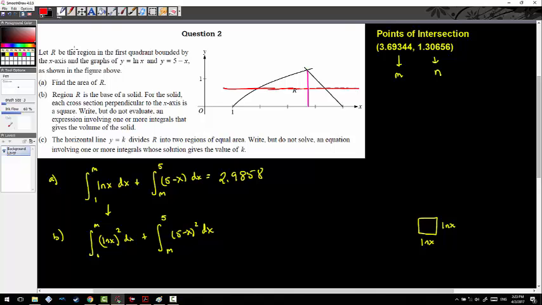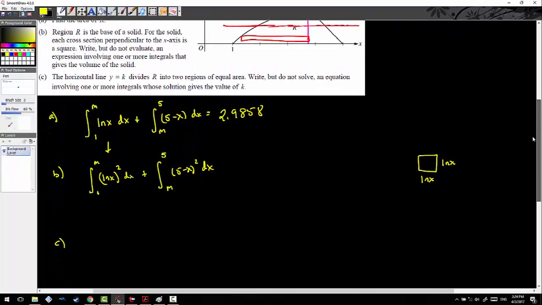Okay? And so if I'm going to be evaluating some kind of area, that means that my area is actually going to be moving in this direction. Which means that it was inevitable I would end up having to write these as y functions after all. So let's go ahead and do it.